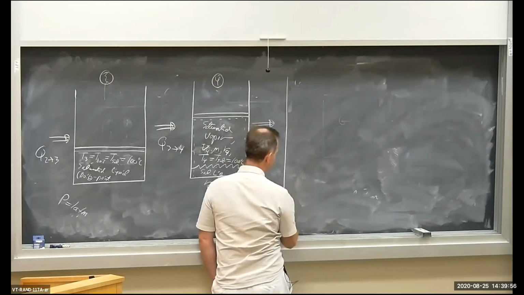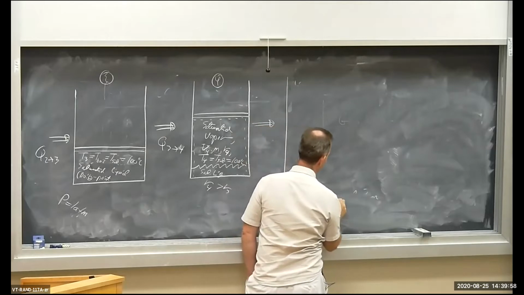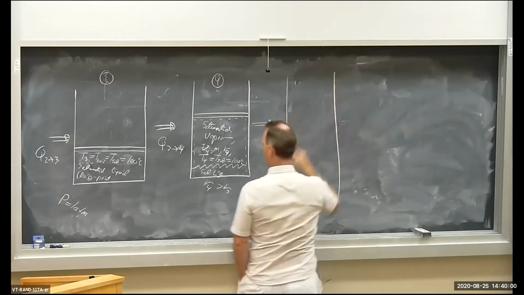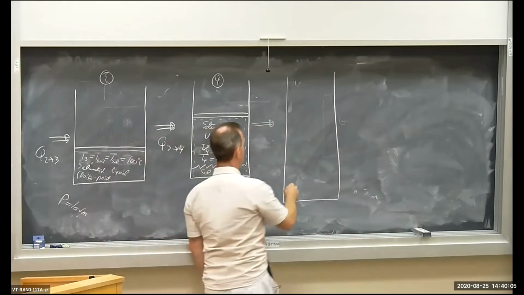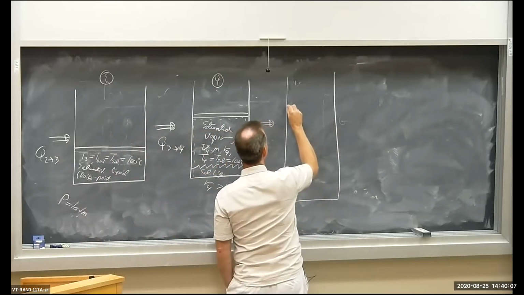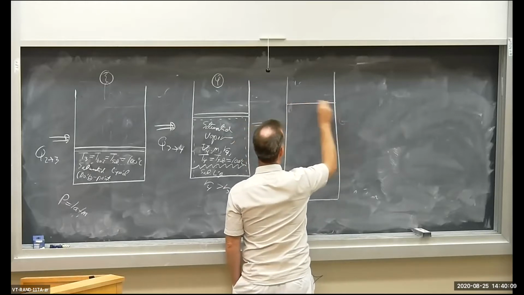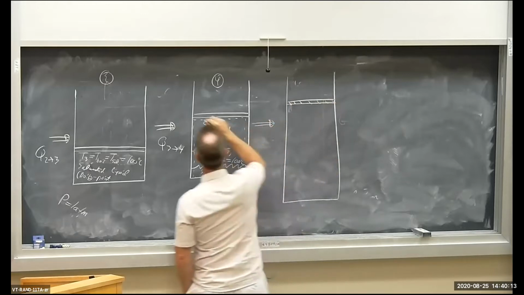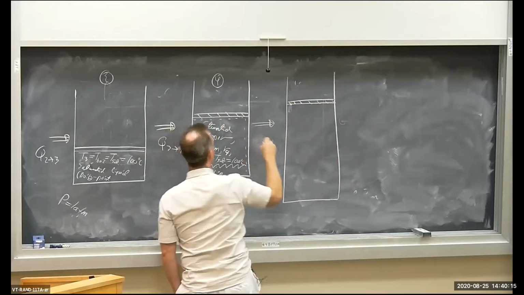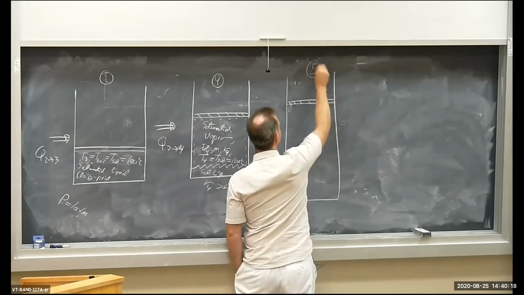Going to have to make my piston cylinder device deeper. As I boil away the rest of the liquid, the volume is going to increase even more. So make it a little bit deeper. Here's the top of my piston. Here's my piston right here. All the liquid has boiled away, so this will be state 5.